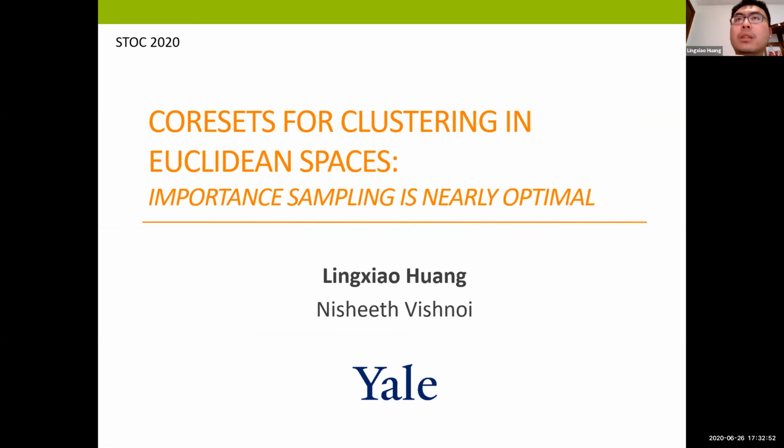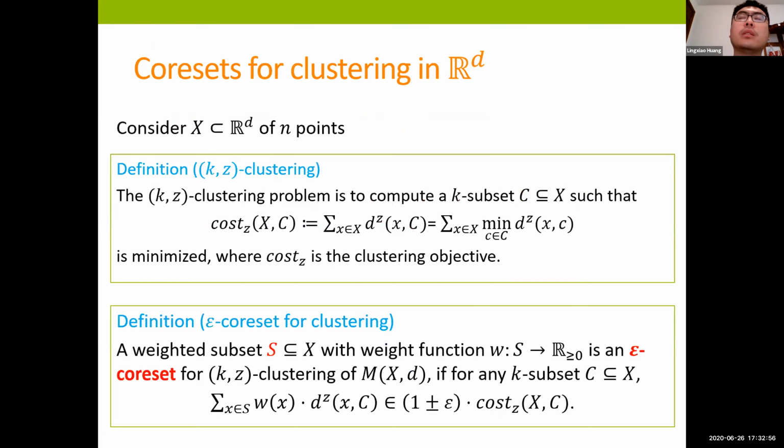Thank you for coming to my talk. This is joint work with MINIMIZATION. We consider the core-set construction for the clustering problem in Euclidean space R^d. The goal of the k-clustering problem is to compute k centers such that the sum of z-th power distances from each point to the center point is minimized.